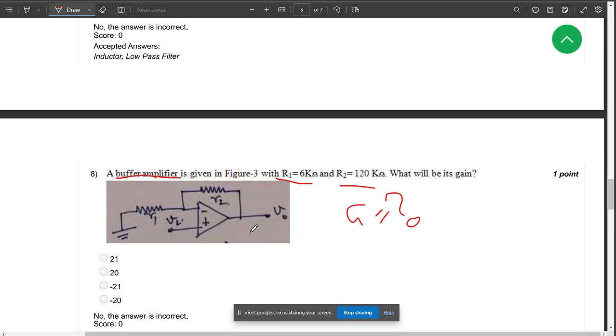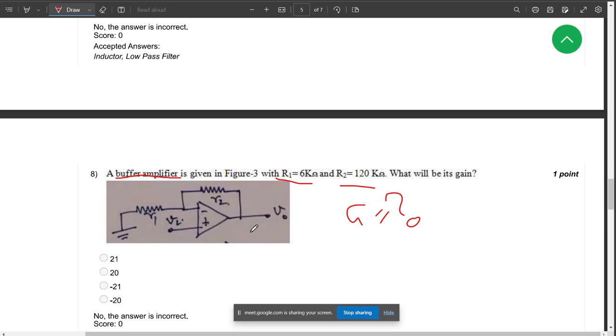Okay, so a buffer amplifier is a kind of amplifier where we want the output almost equal to the input, right? So in those cases, we use a buffer amplifier.